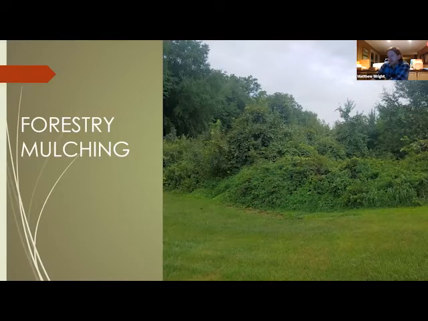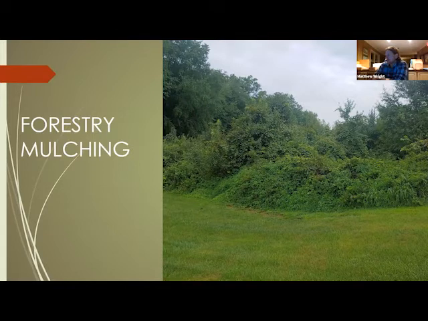So one of the methods for getting a site ready for planting when you have an overgrown mess like this is you can either subcontract, or if you have the ability to run the equipment, you can rent machinery that will do this. It's forestry mulching.